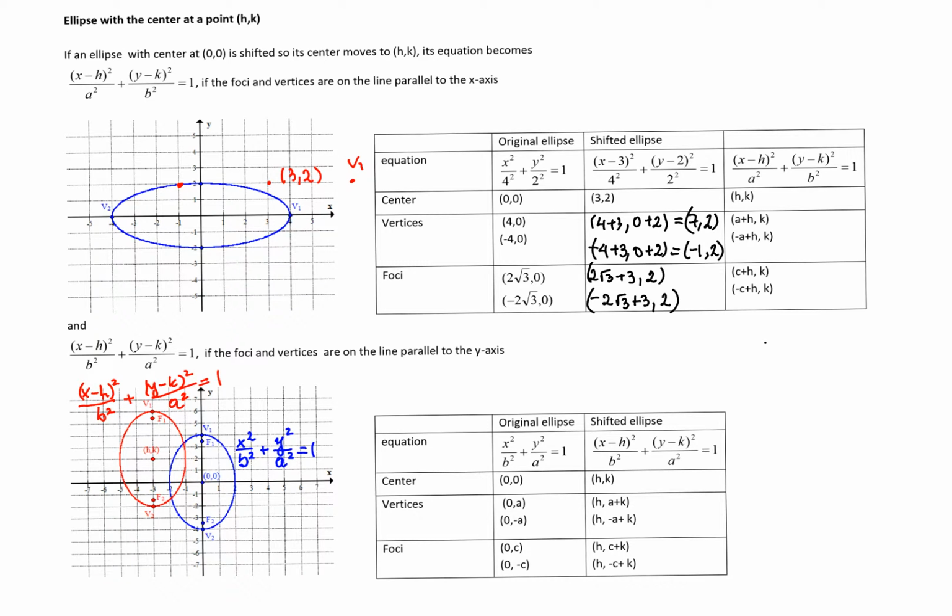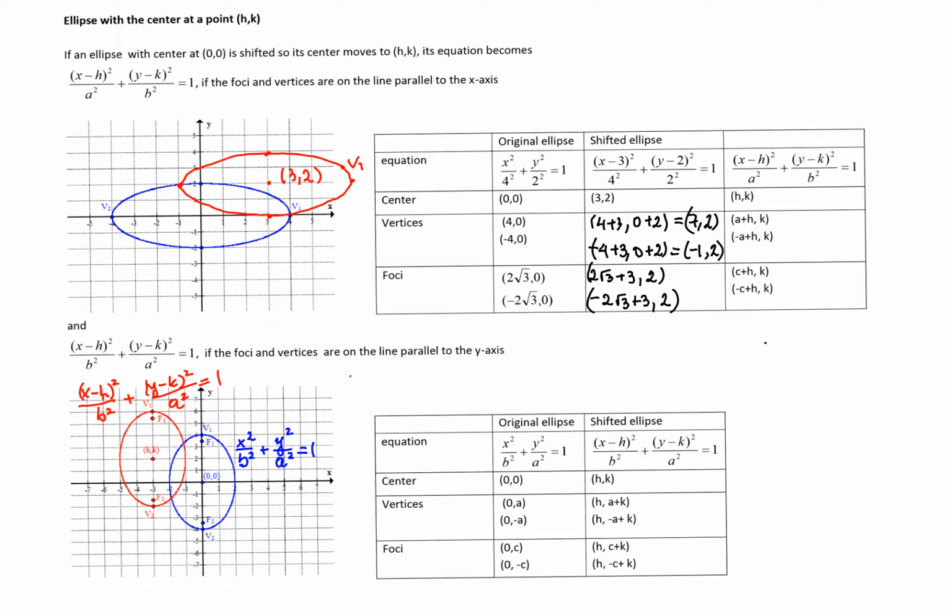The points on the minor axis are going to move 3 units to the right and 2 units up, and so is the other endpoint of the minor axis. And now we'll just draw the ellipse. And this is the ellipse that has been shifted.